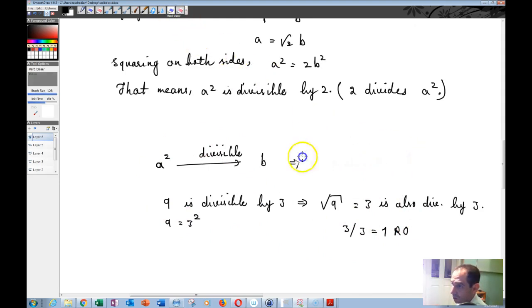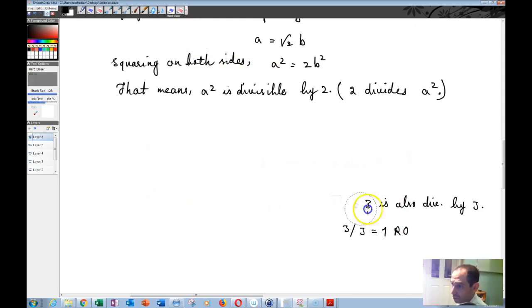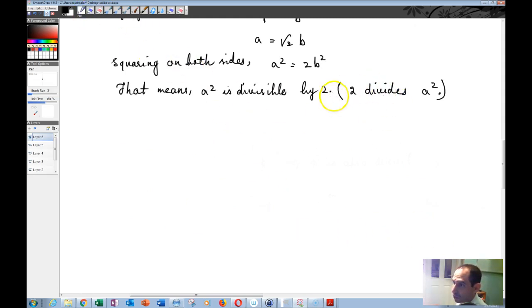Now I'm going to use this theorem in order to conclude that a squared is divisible by 2, and so a is also divisible by 2. Okay, a is also divisible by 2.